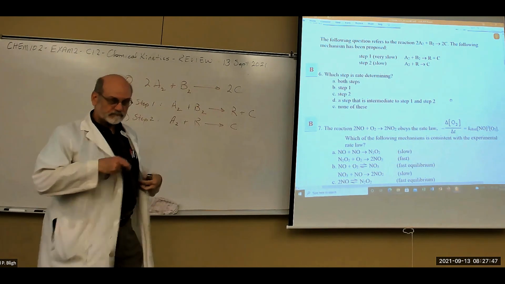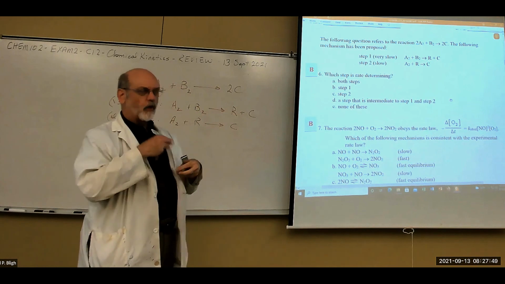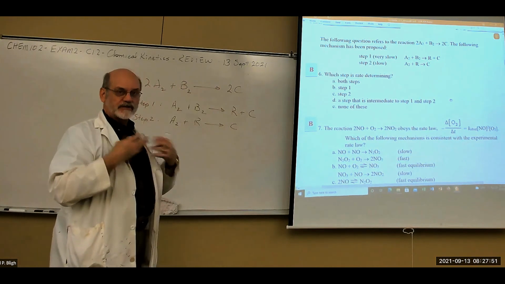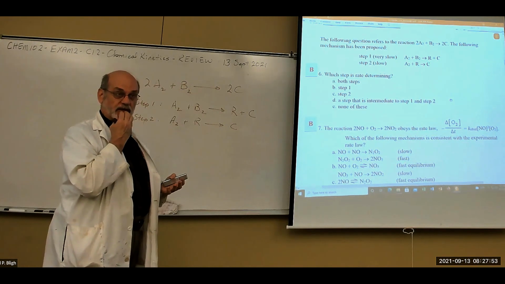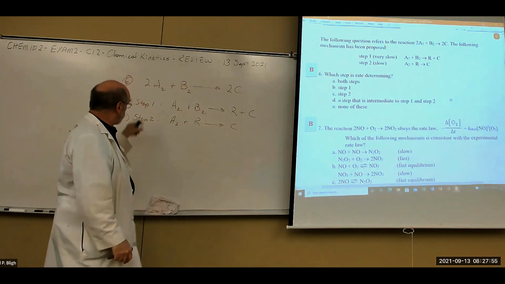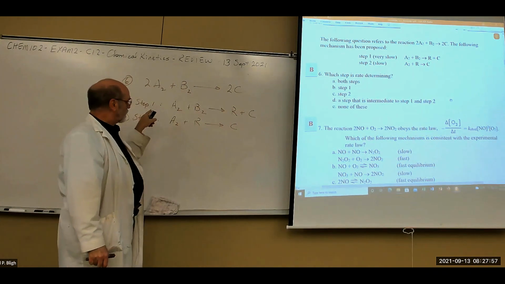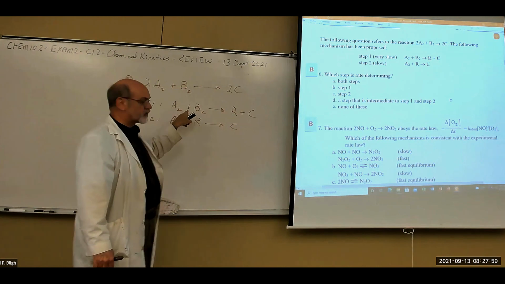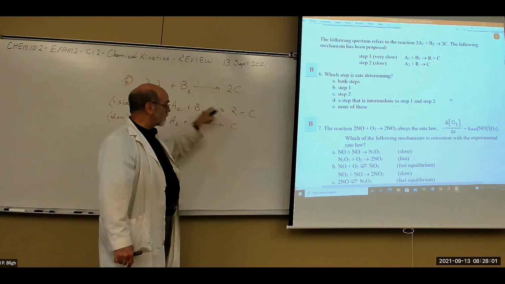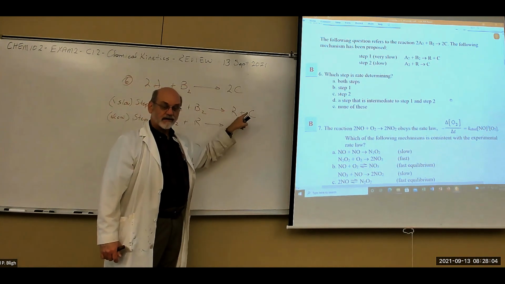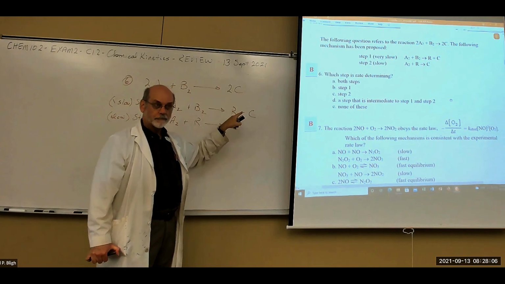Right? We said initially the rate law for an overall reaction has to be determined. I mean, it's experimental. But when you propose a mechanism, you can take the slowest step, and that's your starting point with a balanced equation. You can write the rate law.